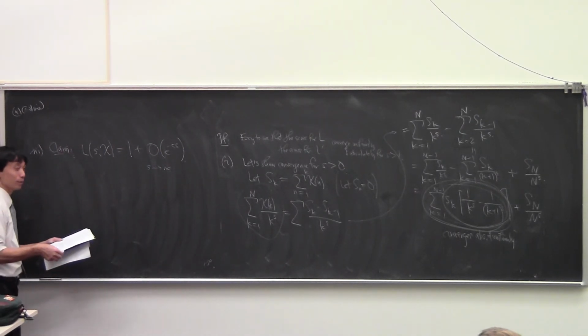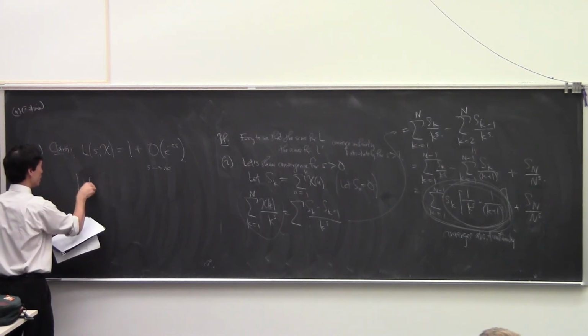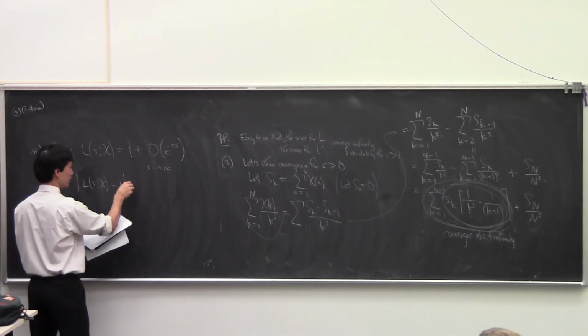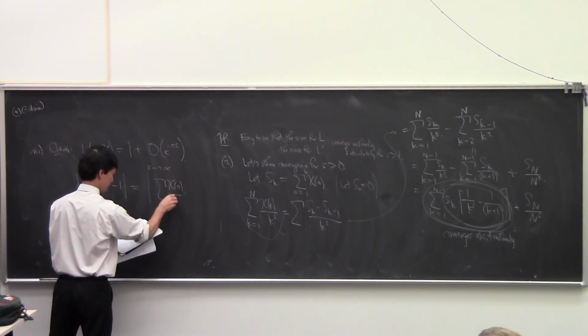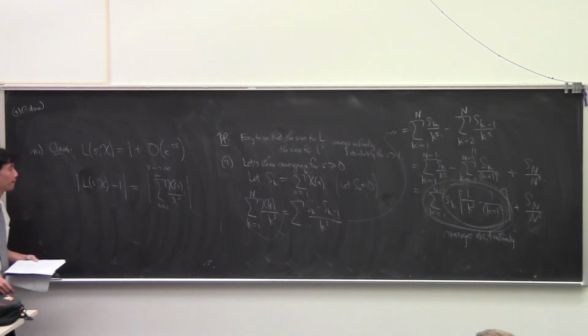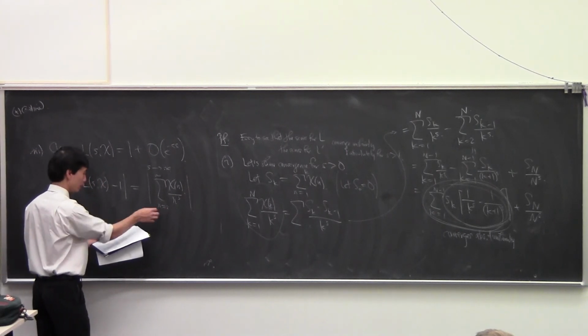But actually, this is trivial. There's only 2 minutes left. So let's look at this: the summation of n over n^s, n equals 2 to infinity, because we just subtract off the first term.